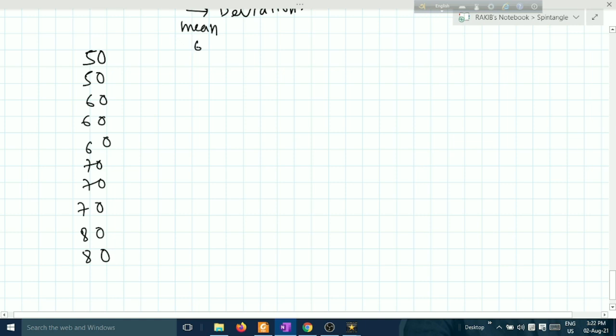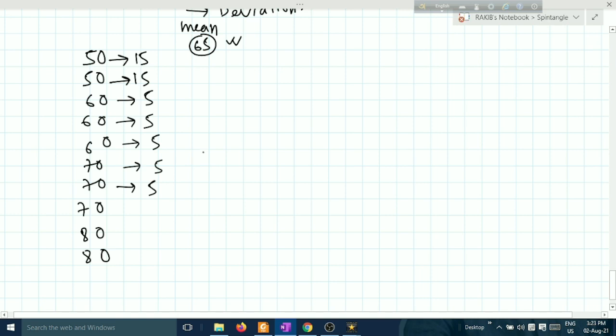Our mean was 65. Therefore, how much is this deviating? This is 15. How much is this 60 deviating from 65? By 5. How much is 70 deviating? This is also 5. I am not writing negative or positive, but you can write it like this, negative or positive.